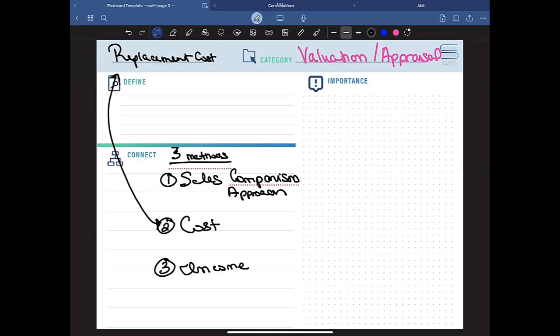I'll define it because I'm going to make it shorter for you. In the cost approach, we don't have good comps. That appraiser doesn't have good comps. So they basically say, let's figure out how much it would cost to rebuild the house. Once we know what it would cost new, since it's not new, we have to depreciate it. Kind of like if you took your car to CarMax.